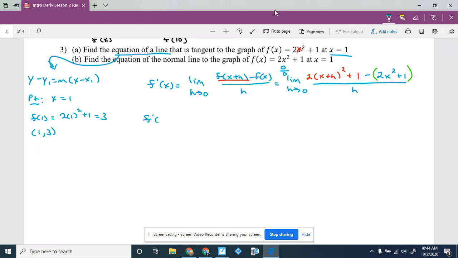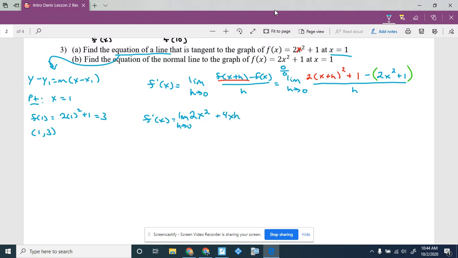The something to try is to simplify and multiply all this out. I'll start with order of operations. Let me multiply out (x plus h) quantity squared, and then distribute the 2. x times x is x squared, distribute the 2, 2x squared. x times h is xh, h times x is xh, so I have 2xh, multiplied by 2, that's 4xh.